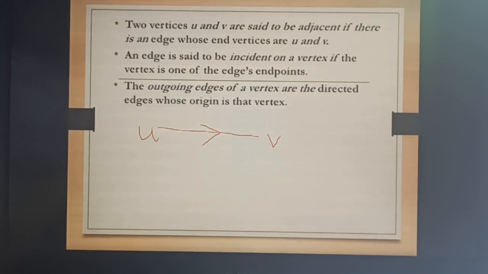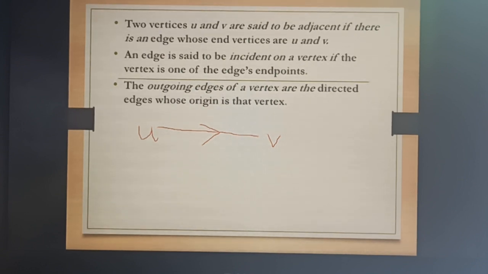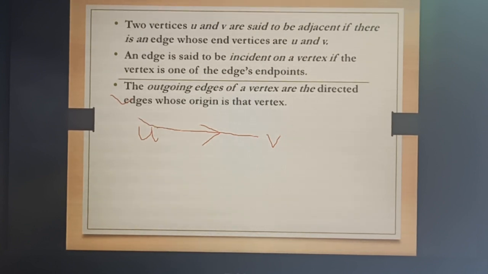Here this is an outgoing edge, from u to v: u is the origin. But this is incoming for vertex v. So this edge uv is outgoing for vertex u, but incoming for vertex v.